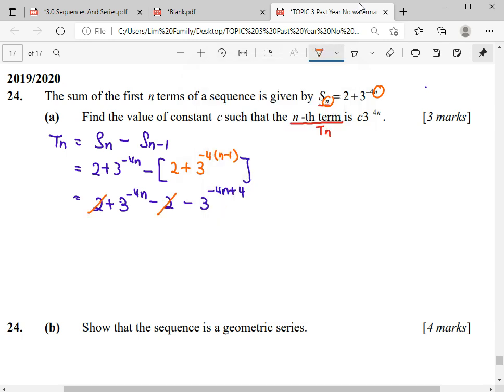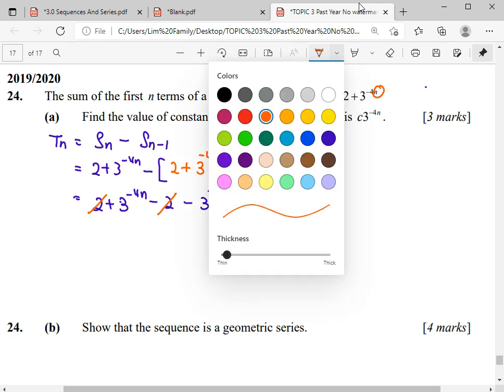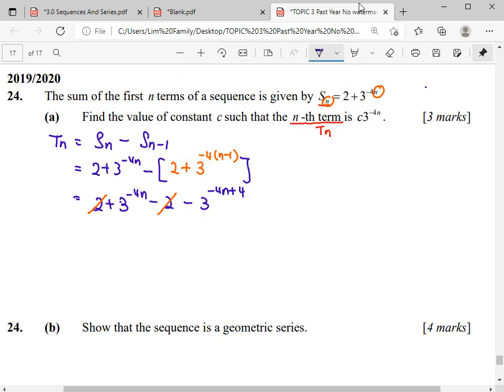Now we are doing the indices concept. We maintain 3 to the power of negative 4n and separate the power: 3 to the power of negative 4n times 3 to the power of 4. Totally here we have 81 of this 3 to the power of negative 4n.